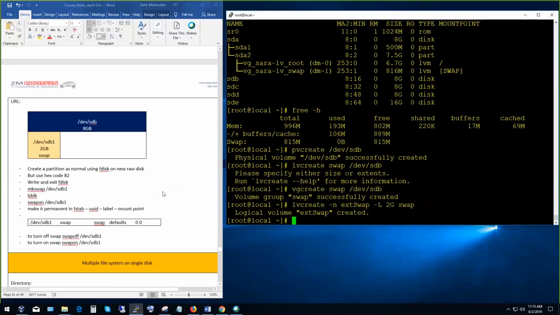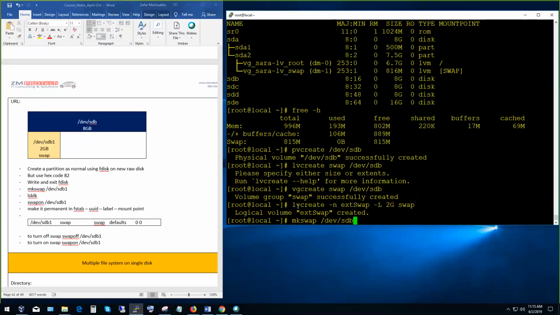All right, so you use the command mkfs. Okay, mkswap, sorry. mkswap, and then you give the name here. So /dev/sdb. Is this a correct command? No, right?